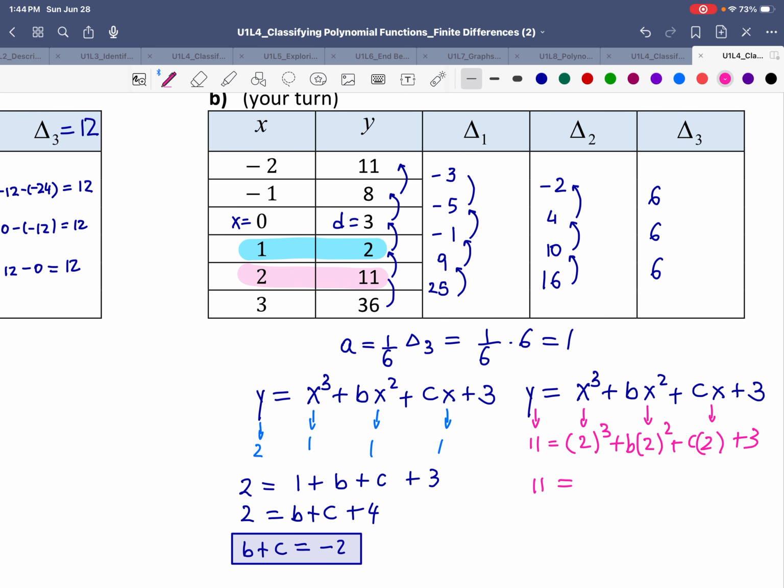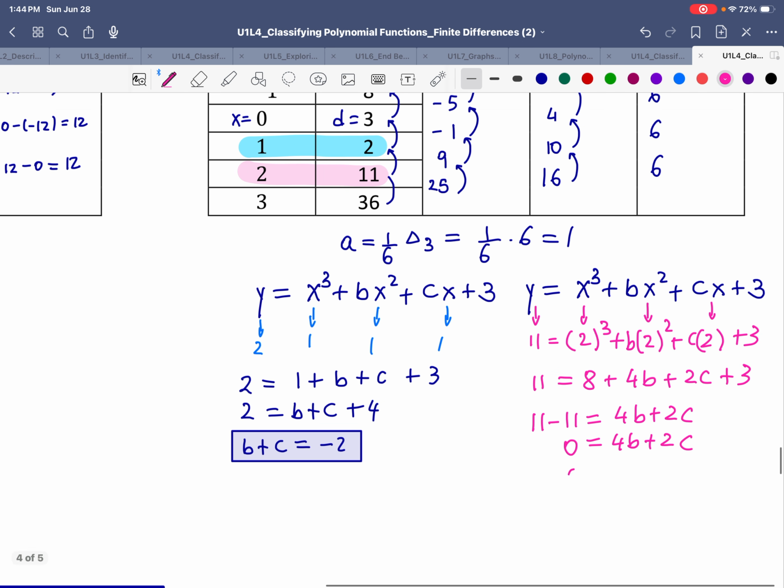So that would be 8 plus 4b plus 2c plus 3. So 11, 8 plus 3 is 11, so subtract from the other side: 0 equals 4b plus 2c, or simply we're going to say 0 equals 2b plus c.